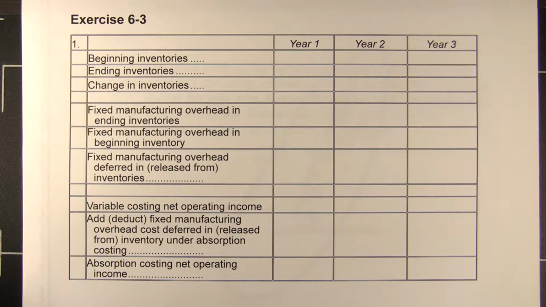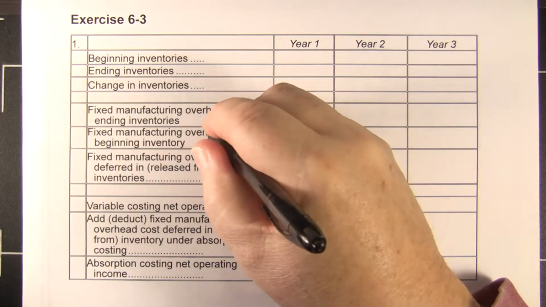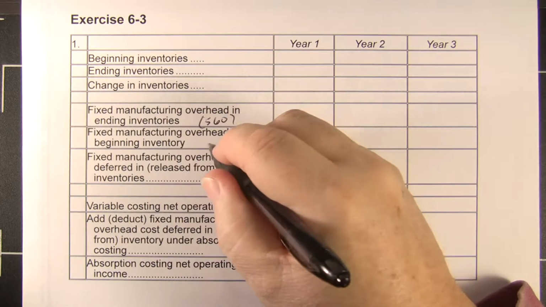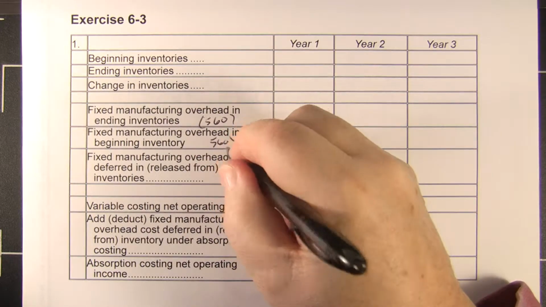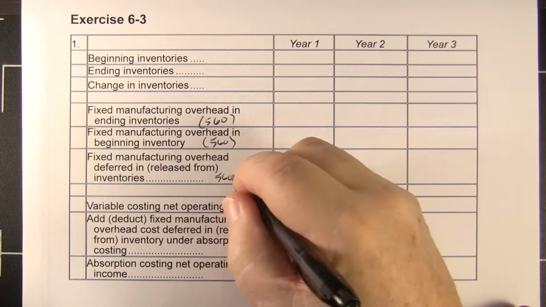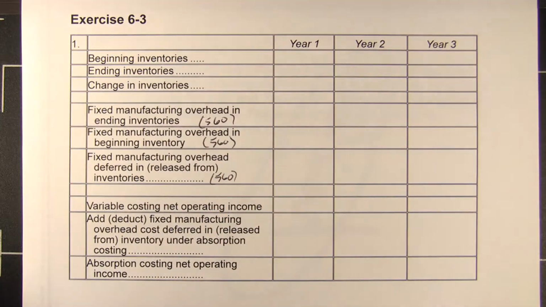Well, we know that the fixed manufacturing overhead in each unit is $560 because they told us that. So I'm going to write that down so I don't forget it. Each unit, whether sold or stored, has $560 worth of fixed manufacturing overhead.